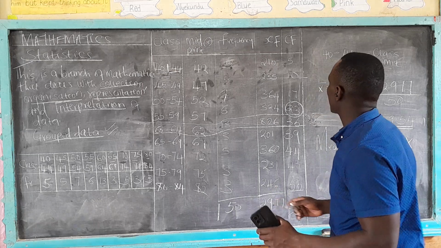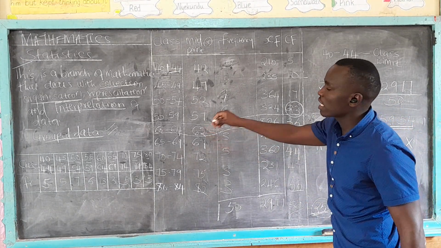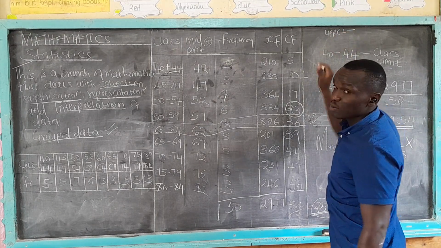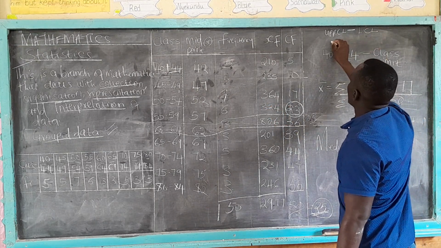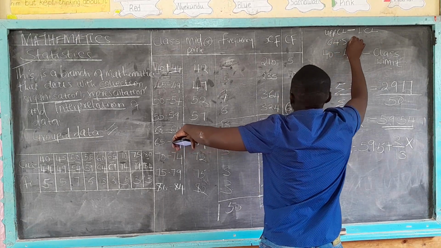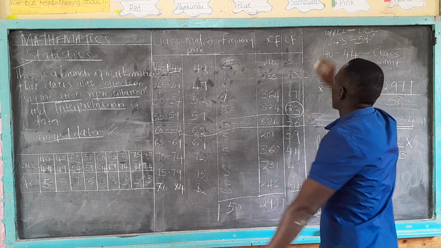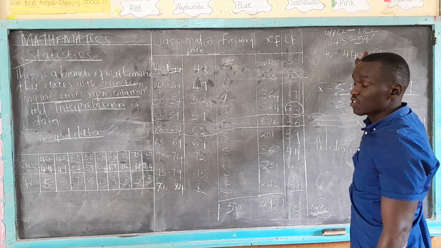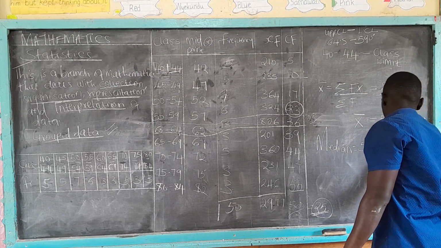What is the class interval? You obtain it by taking the upper class limit and subtracting the lower class limit. In this case, you have 64.5 minus 59.5, and that will give you 5.